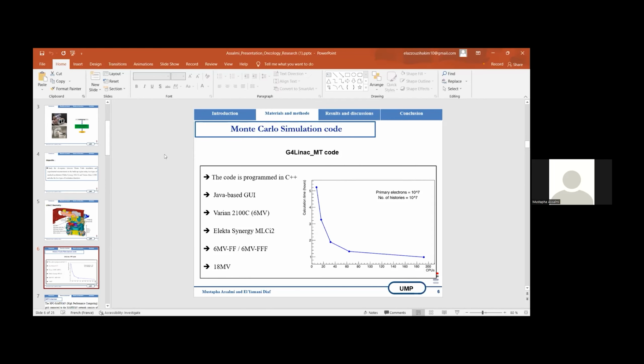So the Monte Carlo code used in this work is the GATE 4 Linac MT. This code is programmed in C++ and has a Java-based interface to facilitate its use. We used this code to model the Varian Linac and Elekta Synergy geometries.